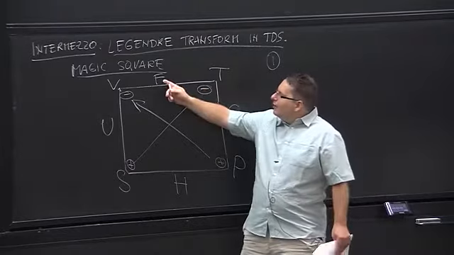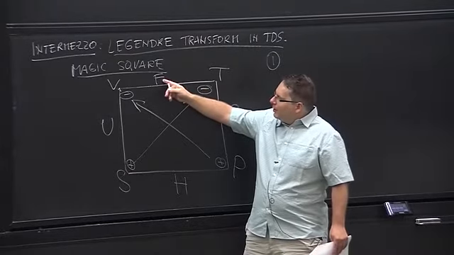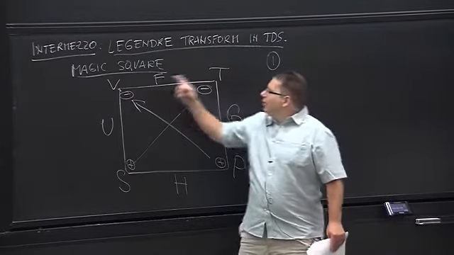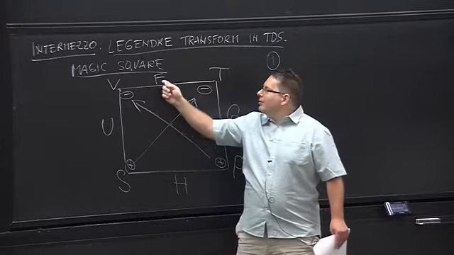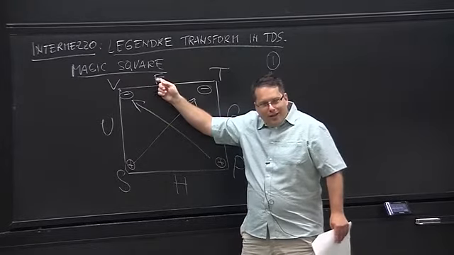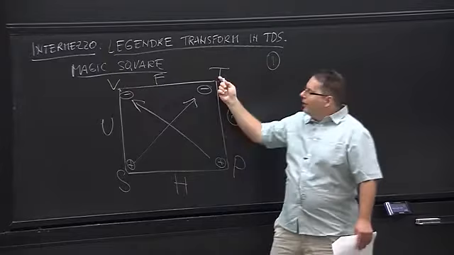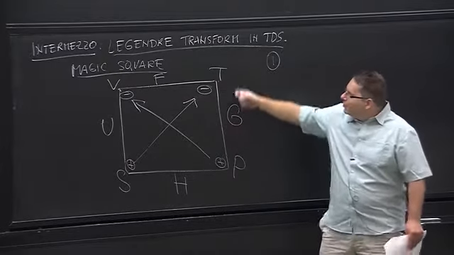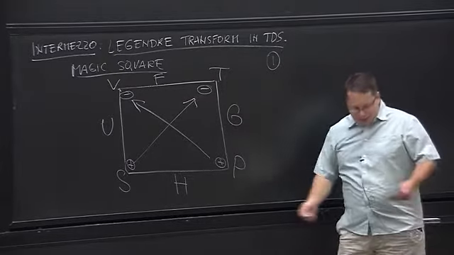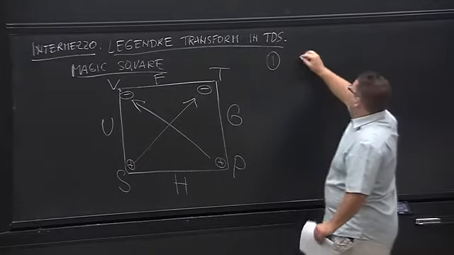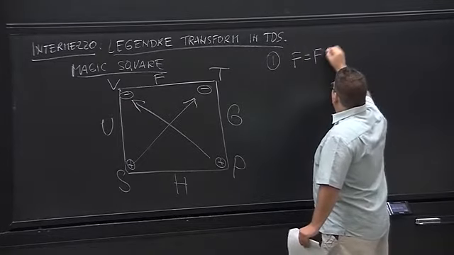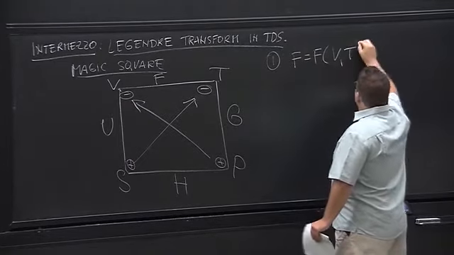The corresponding thermodynamic potential is always a function of the nearby quantities. So the free energy is a function of volume and temperature. Gibbs free energy is a function of temperature and pressure, and so on.